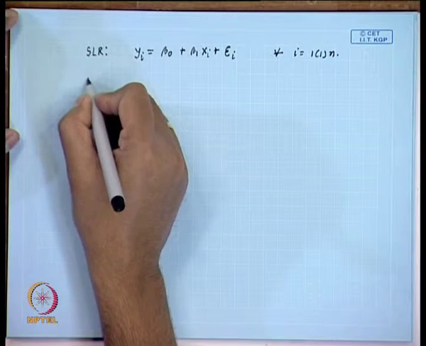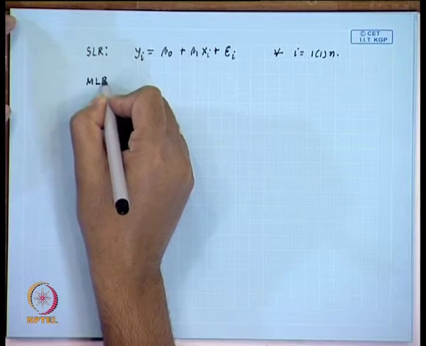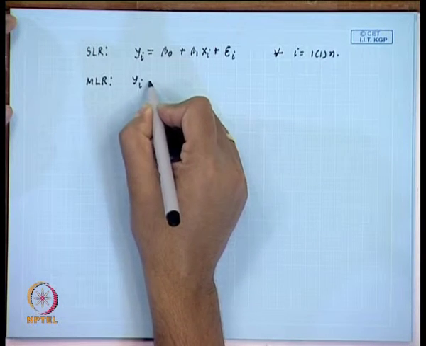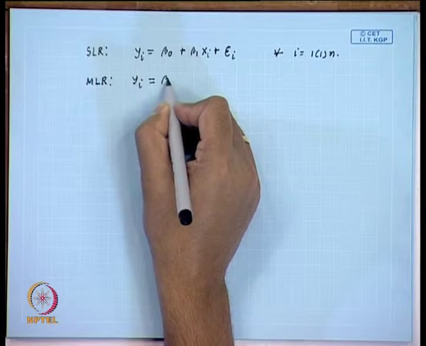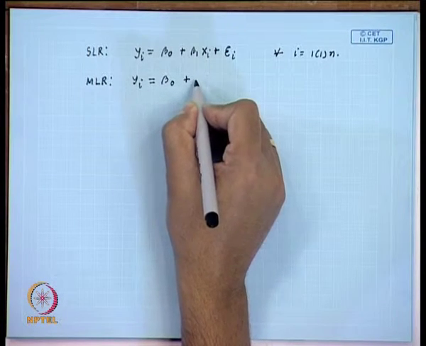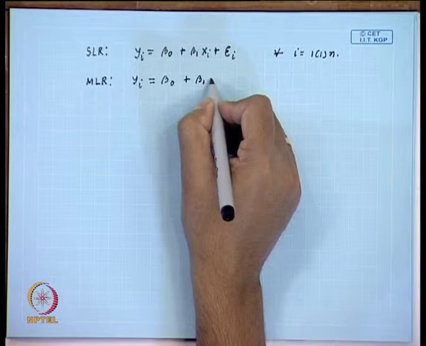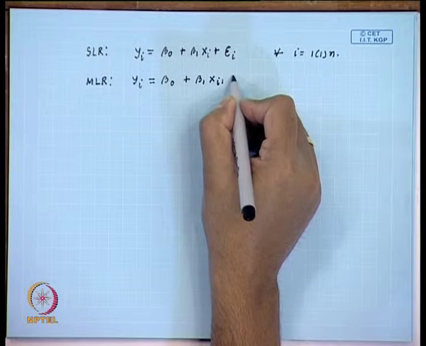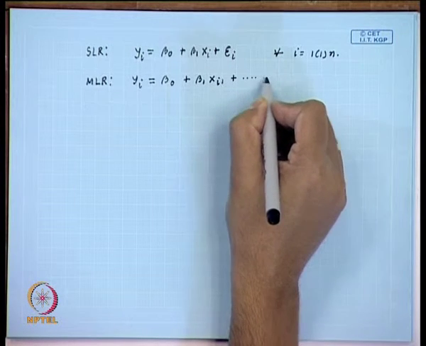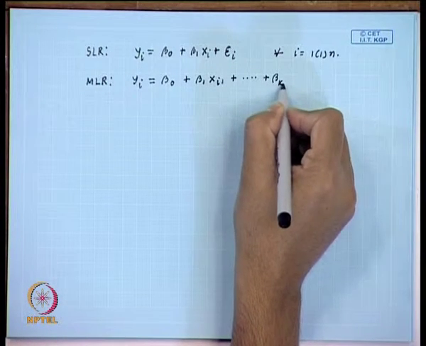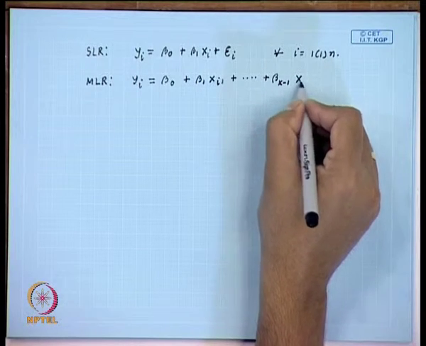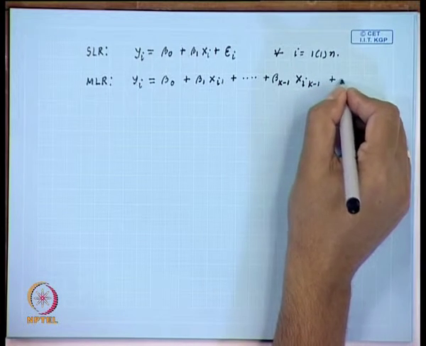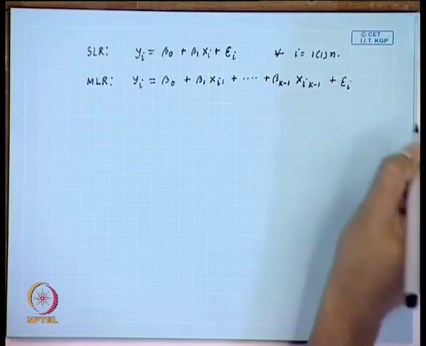And for the multiple linear regression, y i equal to beta naught plus beta 1 x i 1 plus beta k minus 1 x i k minus 1 plus epsilon i.